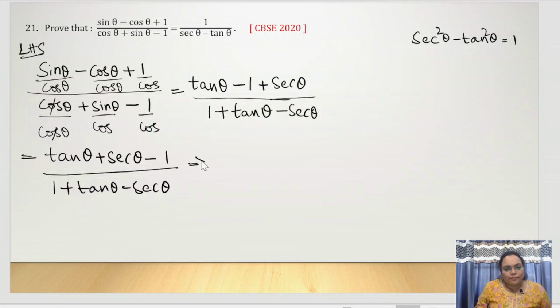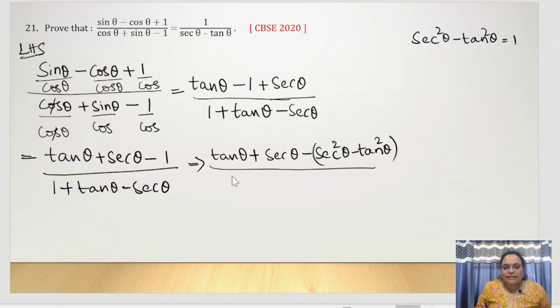Okay. You will get tan theta plus secant theta minus (secant square theta minus tan square theta). Okay. Divided by, this will be same, 1 plus tan theta minus secant theta. If you see here, this is in the form of a square minus b square. Right?